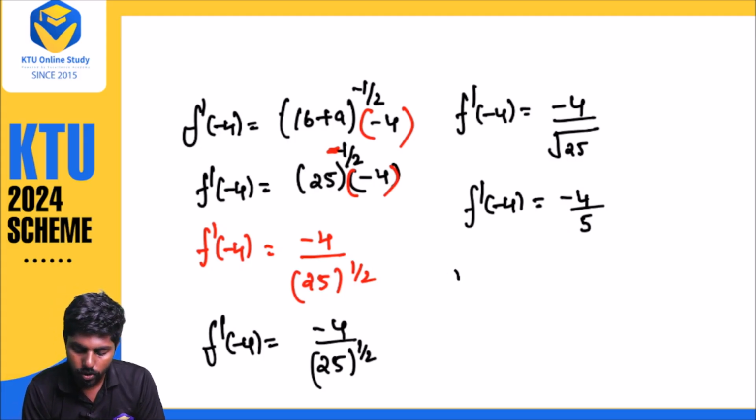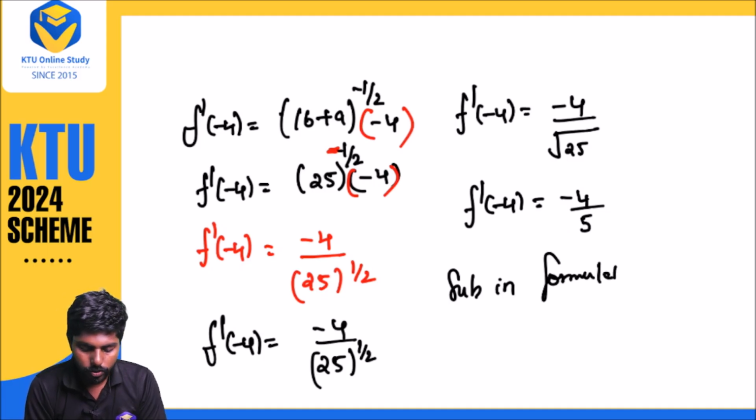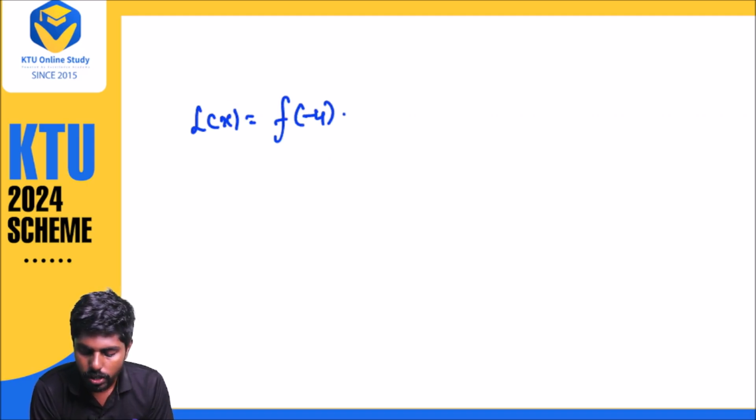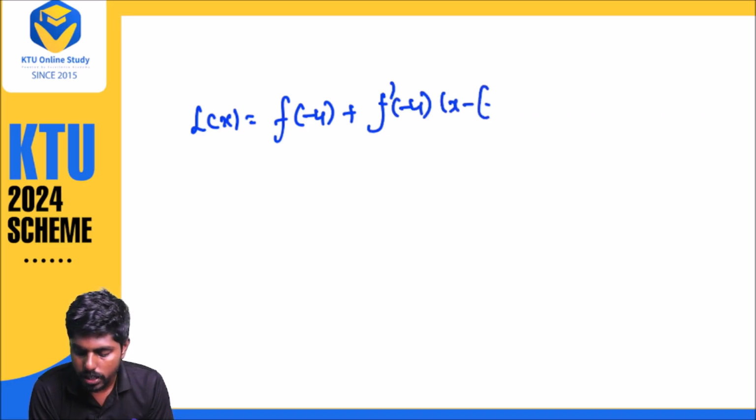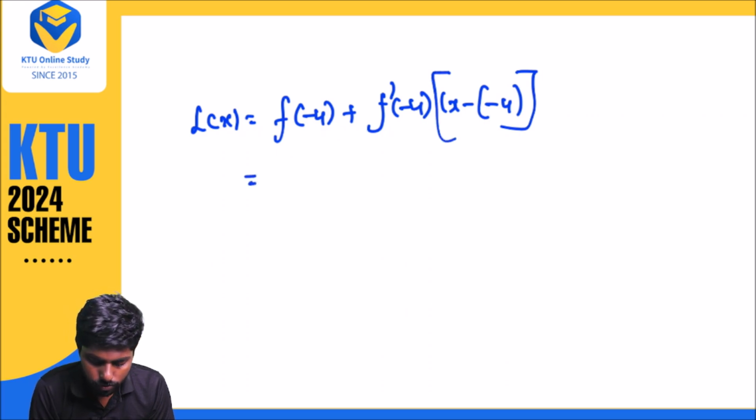Now substituting in the formula. What is our formula? L of x is equal to f of minus 4 plus f dash of minus 4 into x minus of minus 4.